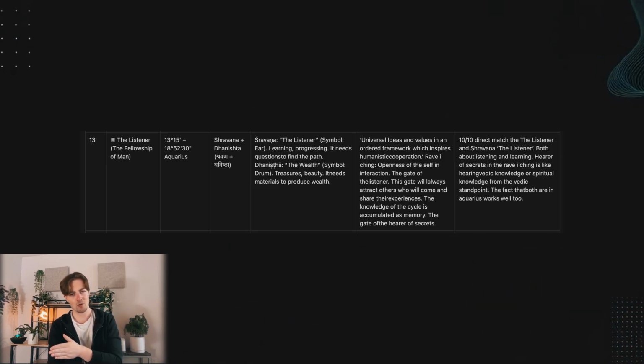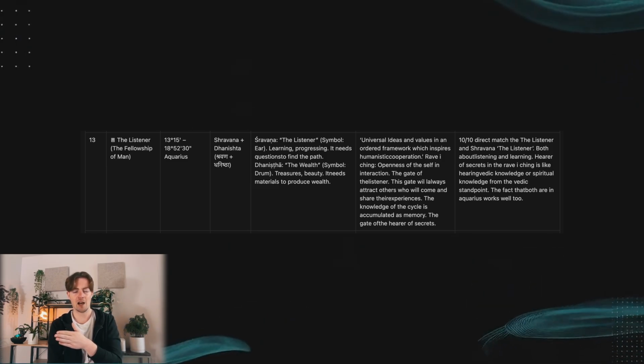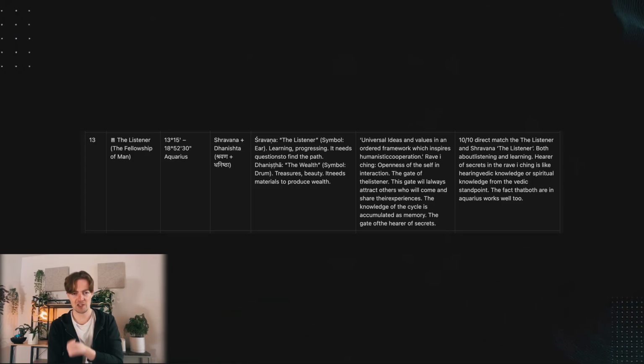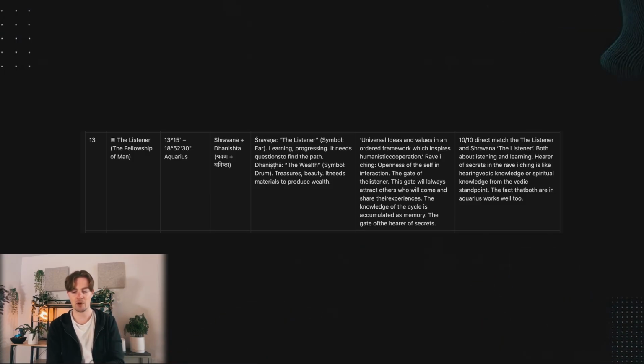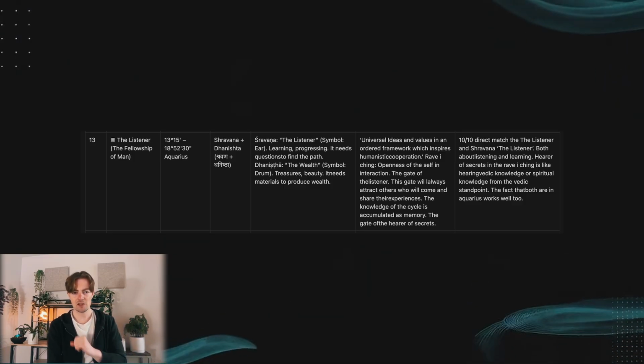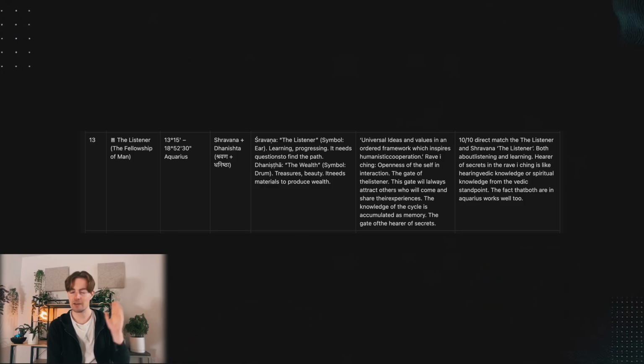It would be in Capricorn, an earth sign ruled with material resources and hard work. And it just doesn't make sense that the airy nature of spiritual wisdom would go in Capricorn, this very hardworking sign. It works better being in Aquarius, this air sign of wisdom. So that's a 10 out of 10 match. I give it a chef's kiss, 10 out of 10.